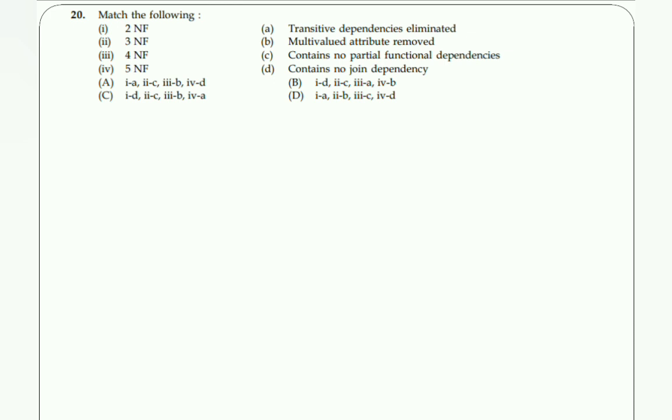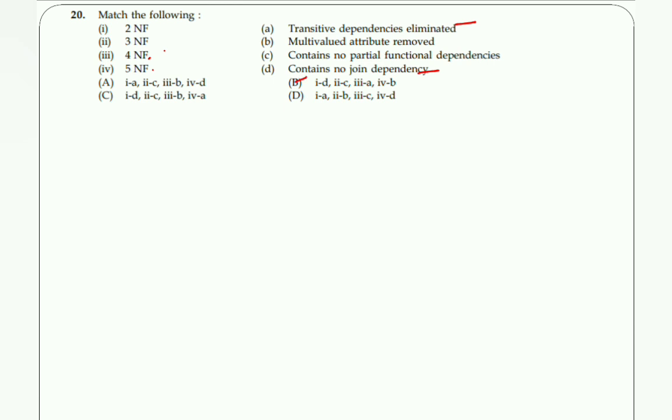We know that second normal form does not contain any partial functional dependencies. The third normal form will not allow transitive dependencies. In fourth normal form, multi-valued dependencies will be removed. And in fifth normal form, there is no join dependency. So here the correct answer is B.